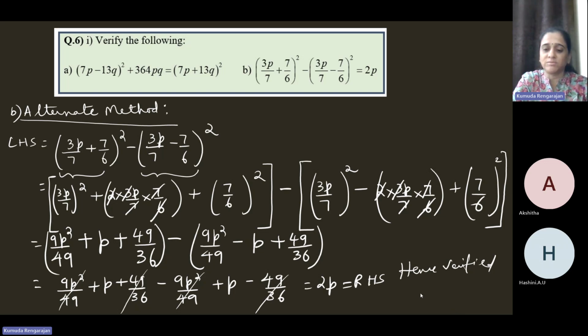Wherever it's possible, you should simplify. So by verifying, we have revised identities also.